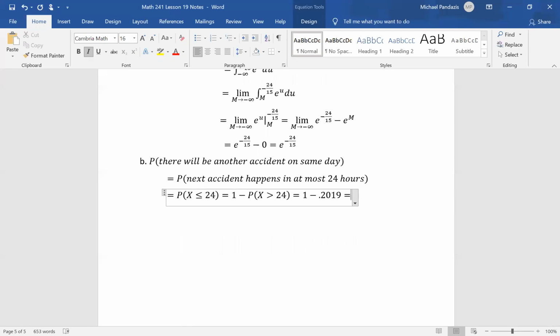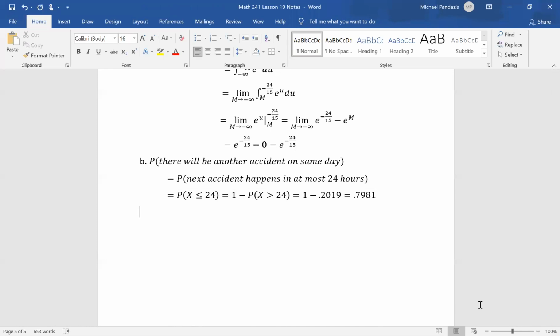And so that's equal to 0.7981. Right, and so then that's B.